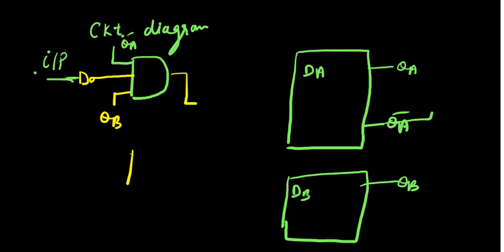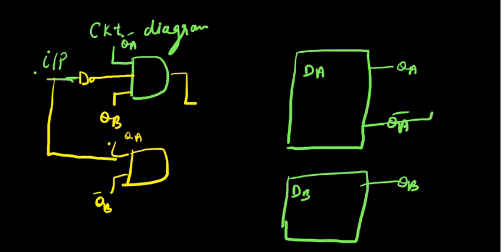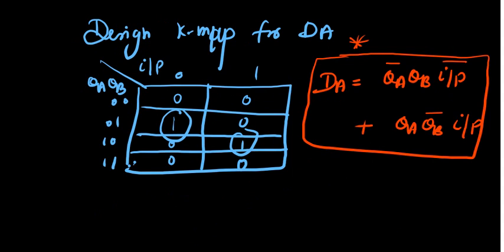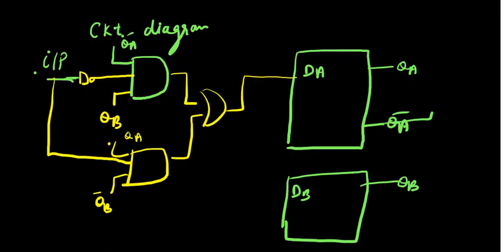This is QB bar. This is QA, and input. We have to perform an OR operation, and next we have to provide DA as input.